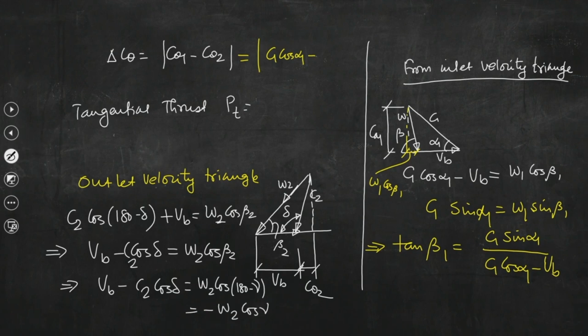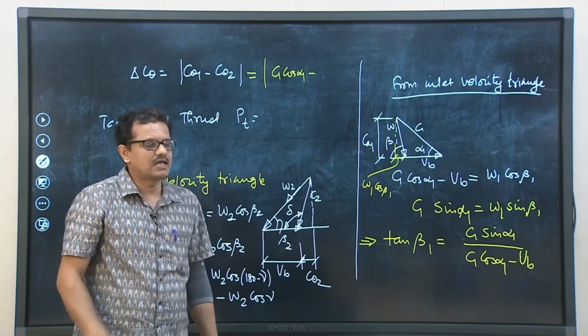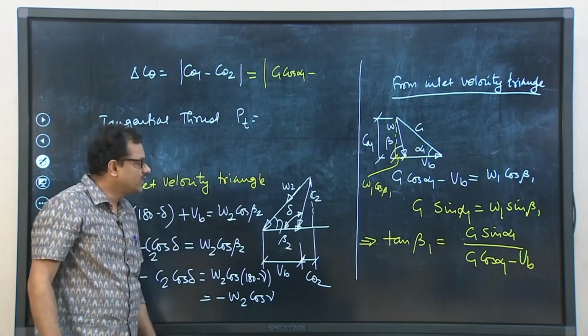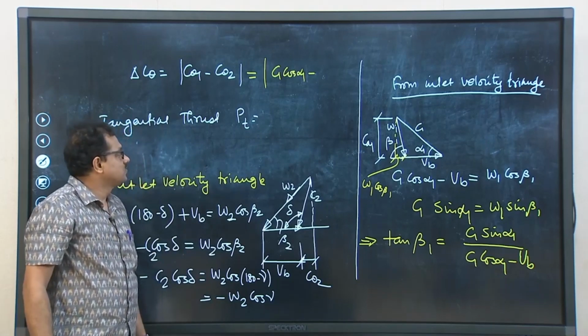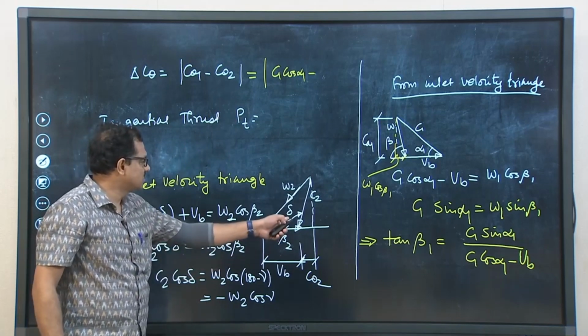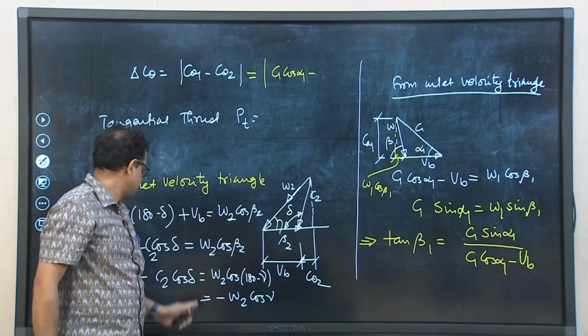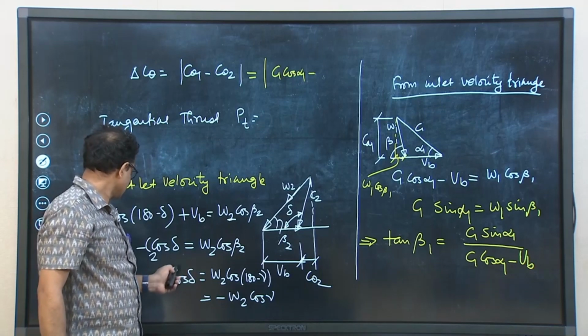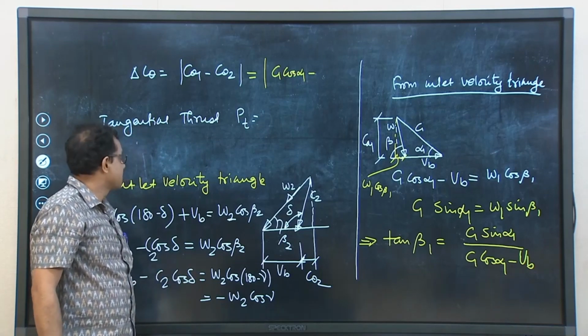So, I am just trying to write the expressions that we can get from the velocity triangles, because these expressions will help us to estimate several other quantities. Now, what is C theta 2? C theta 2 is equal to C2 cos (180 minus delta), that is minus C2 cos delta.